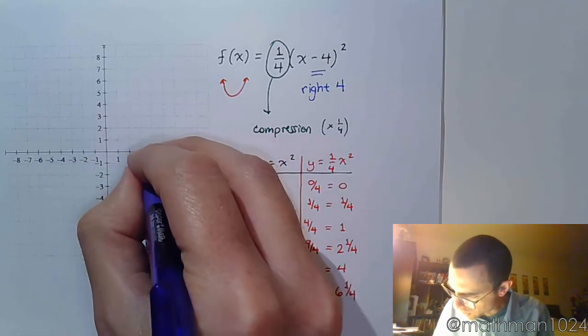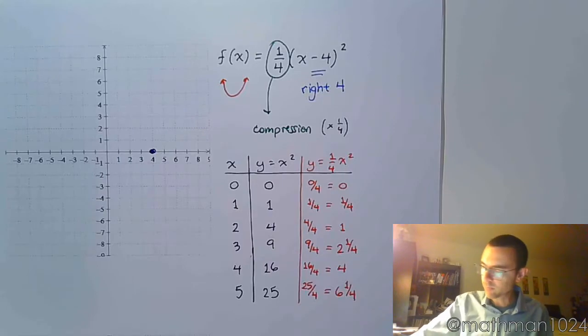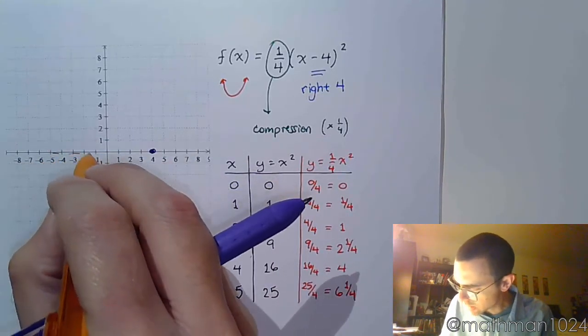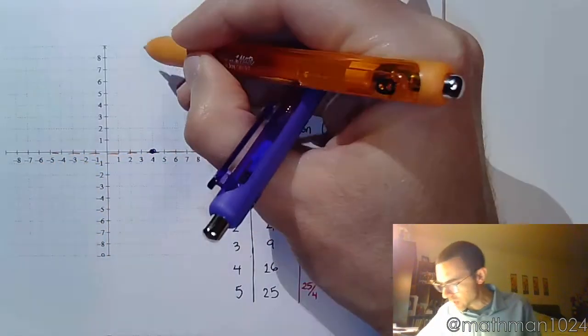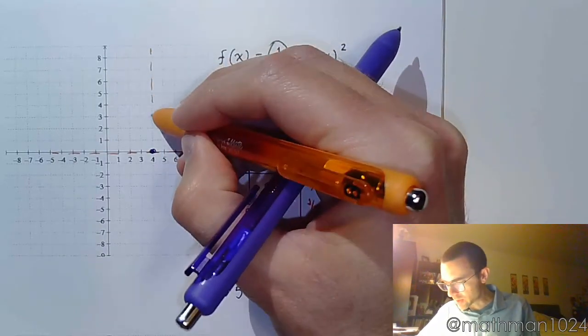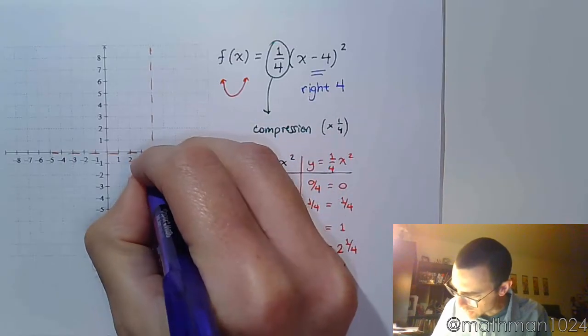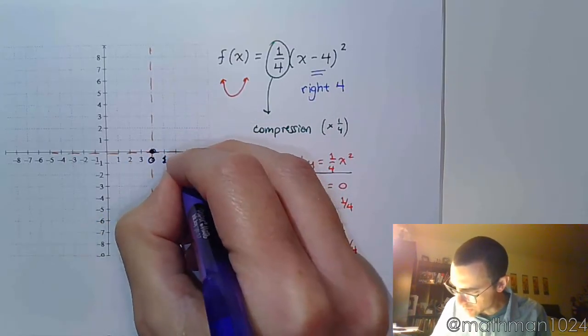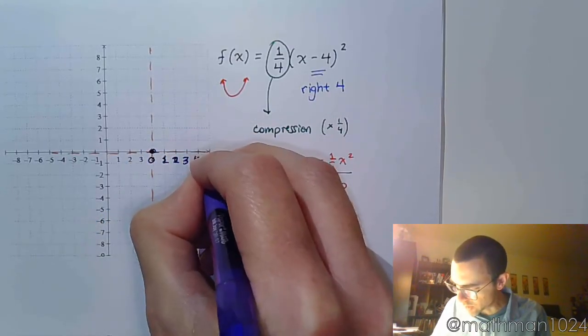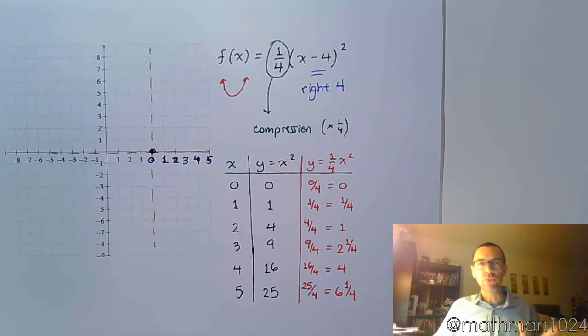All right, so your key points. You're going to the right 4, so you're right here. And we dash out our new set of x and y axes. This is 0, 1, 2, 3, 4, and so on. Right, just kind of mark over those guys because I don't care what they were on the original x-axis.